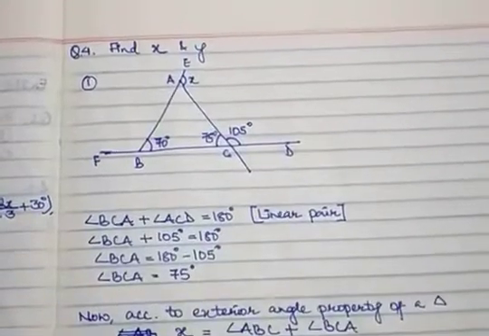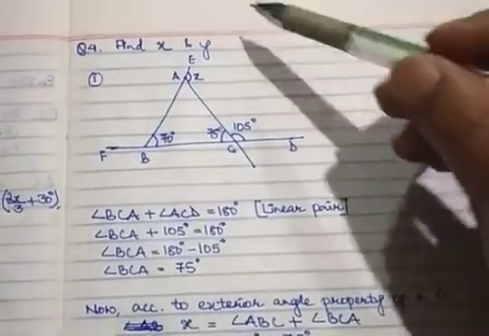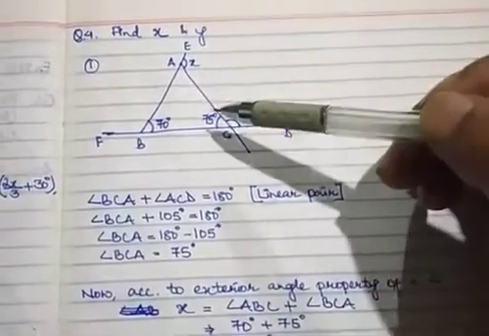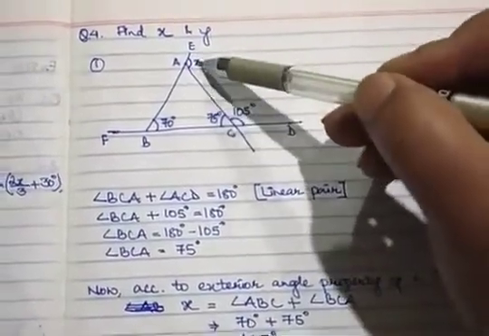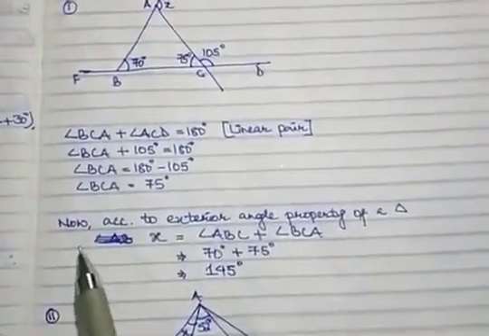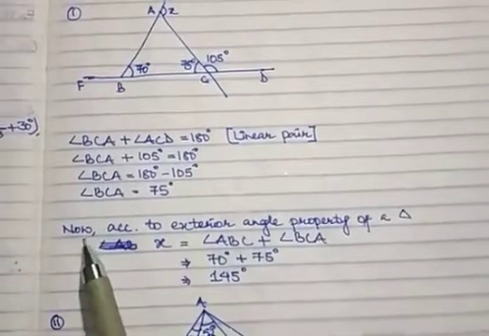Now I can easily calculate the value of x, isn't it? Because what do I know? x is the exterior angle of a triangle and is equal to the sum of its interior opposite angles. But as I've already said, you need to mention the reason as well.